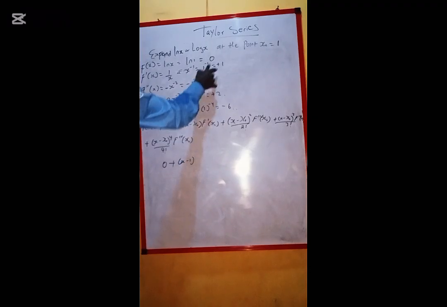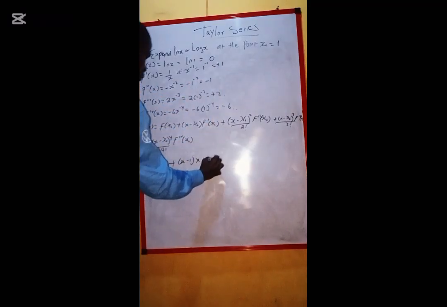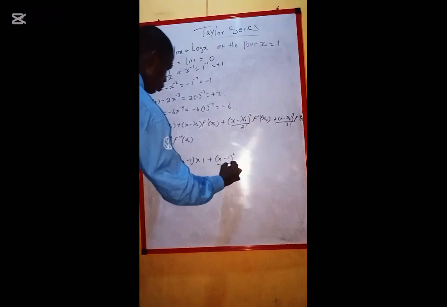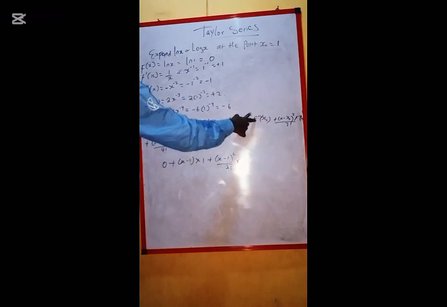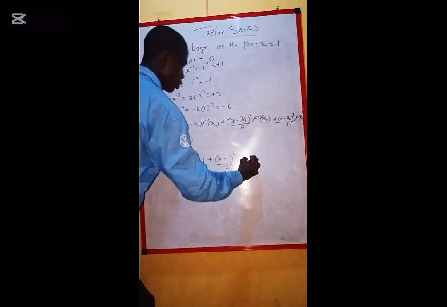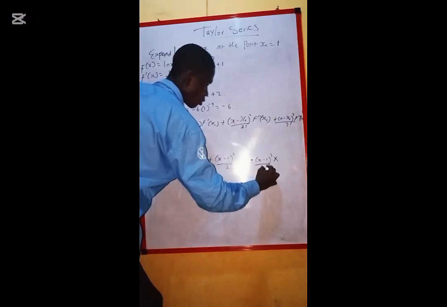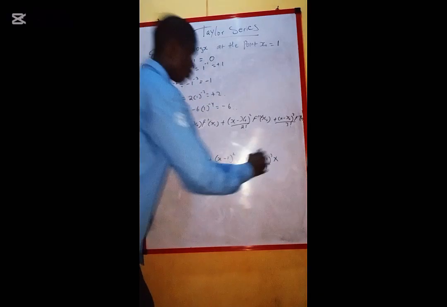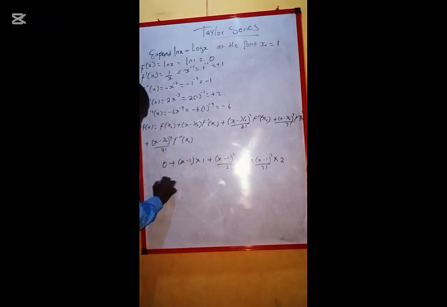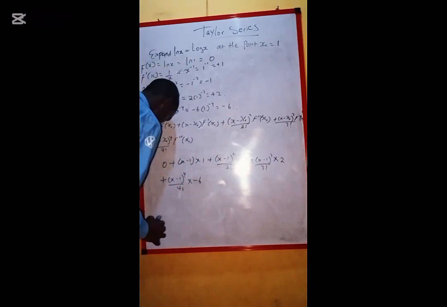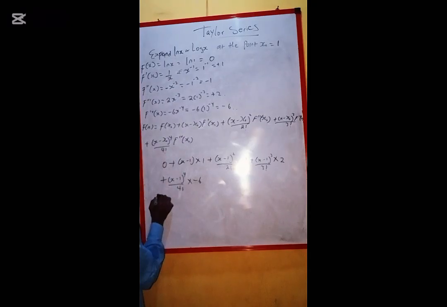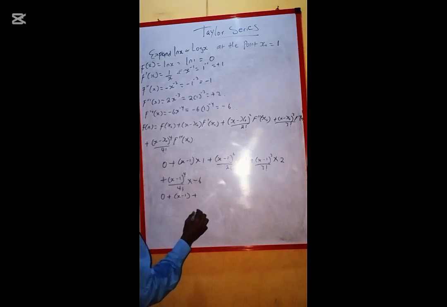So our first derivative is 1, plus (x minus 1) squared over 2 factorial times our second derivative, minus 1, plus (x minus 1) cubed over 3 factorial times our third derivative, 2, plus (x minus 1) to the 4 over 4 factorial times our fourth value, minus 6.